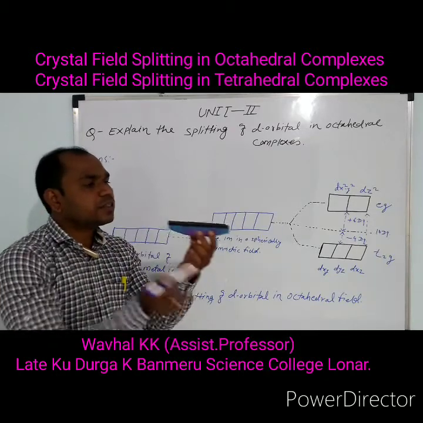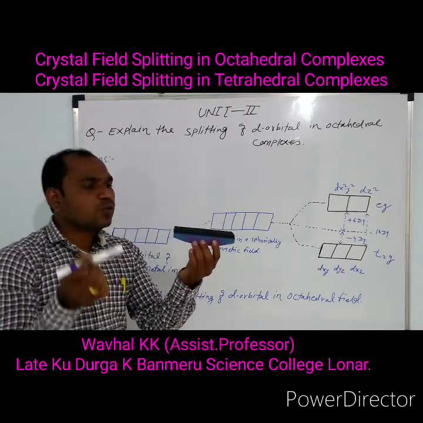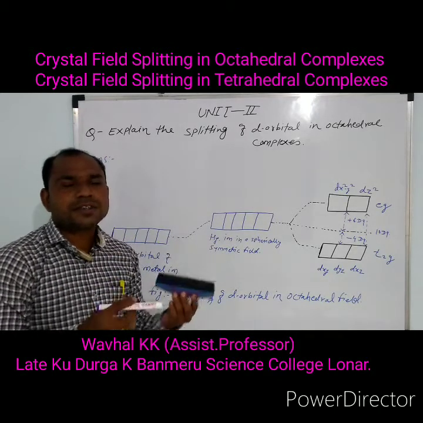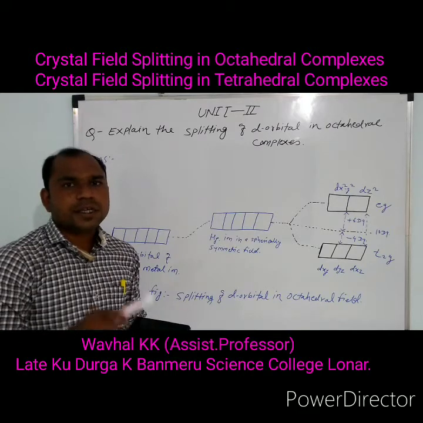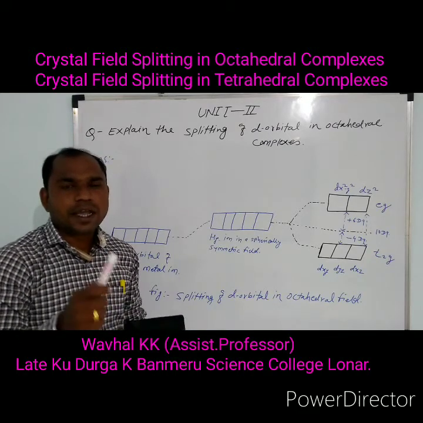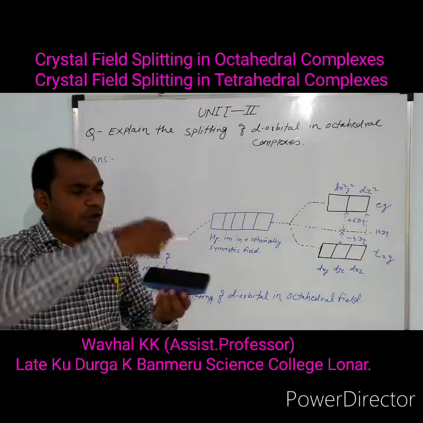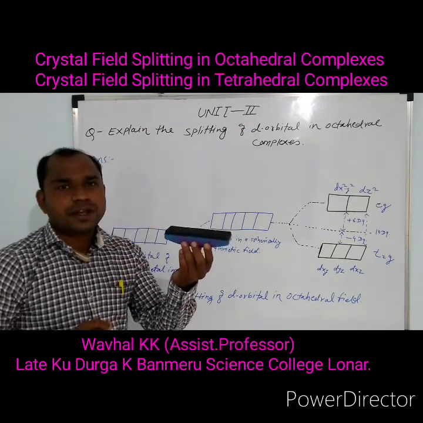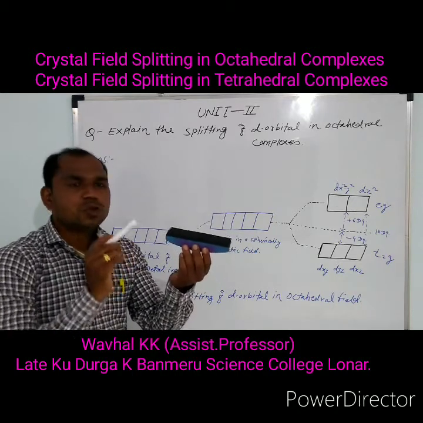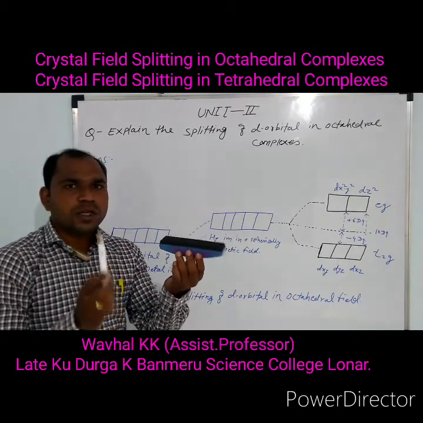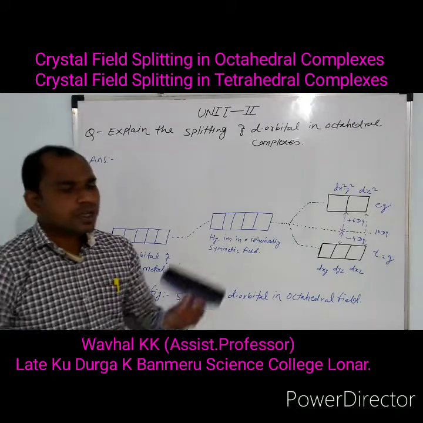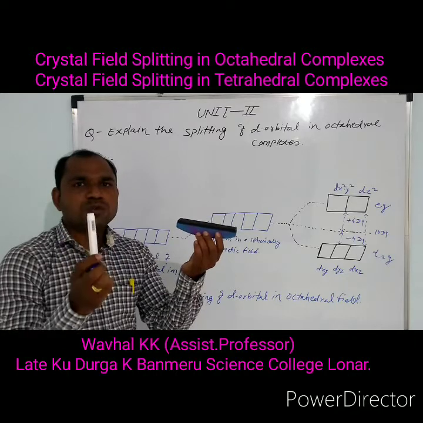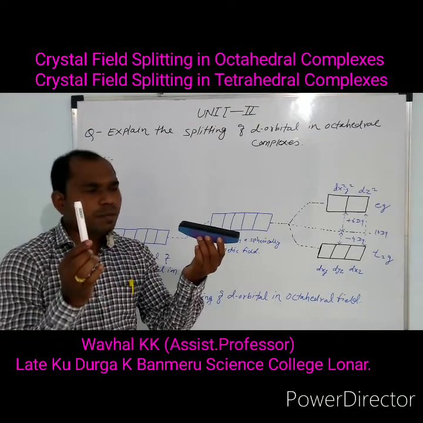At that time the ligands come towards the central metal atom along each axis, that is the x-axis, y-axis, and z-axis. From all the directions the six ligands come towards the central metal atom, due to the electrostatic attraction between the nucleus of the central metal atom, which has positive charge, and the negative charge or negative dipole present on the ligands.